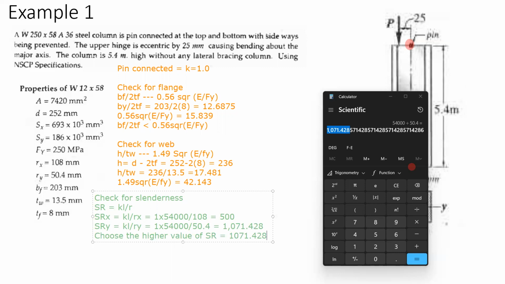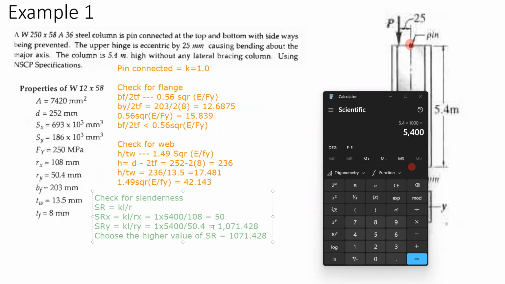My apologies, may mali tayo dito. This is 5,400 lang.